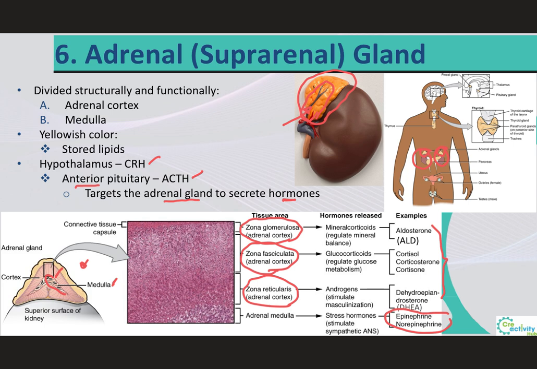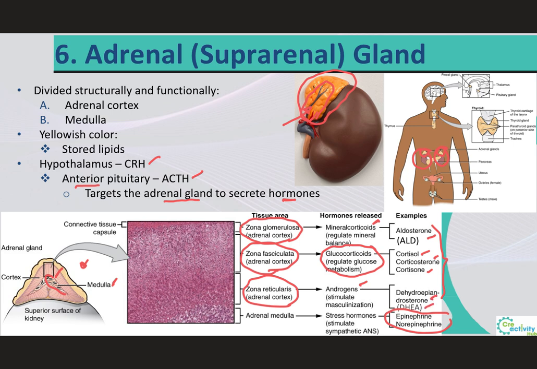So in the zona glomerulosa, we have aldosterone that's secreted, and that's a type of the mineralocorticoids. In the zona fasciculata, we have mainly cortisol, but we also have corticosterone and cortisone, and these are types of glucocorticoids. Then in the zona reticularis, we have androgens, which an example is dehydroepiandrosterone, or DHEA.